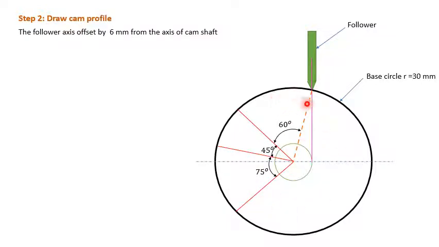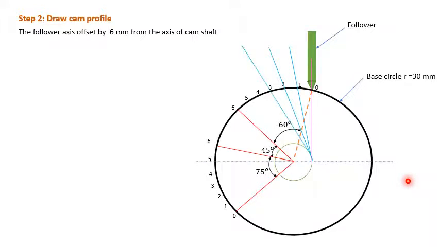Now we have to split this outstroke and return stroke into 6 equal parts. So divide this stroke into 6 equal parts. Similarly, for return stroke also we have to divide it into 6 equal parts. Okay, now through these numbers, draw a line tangent to this circle, because this is the offset follower.